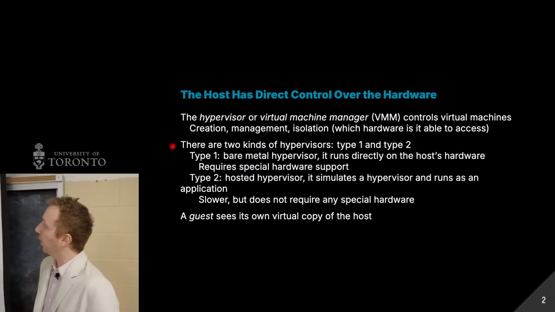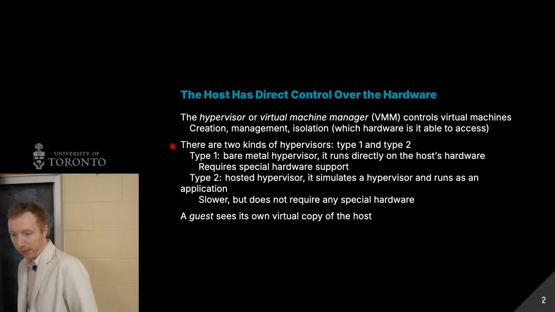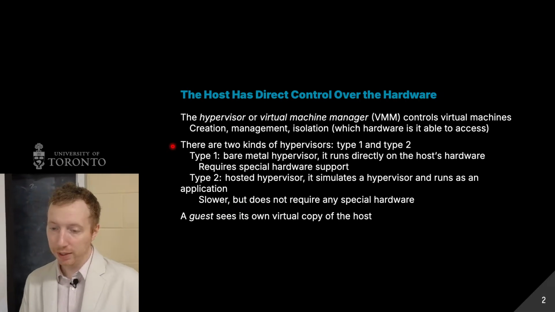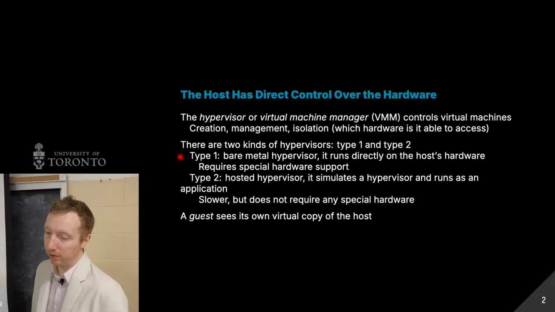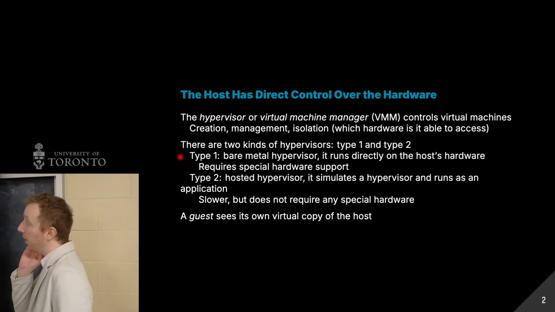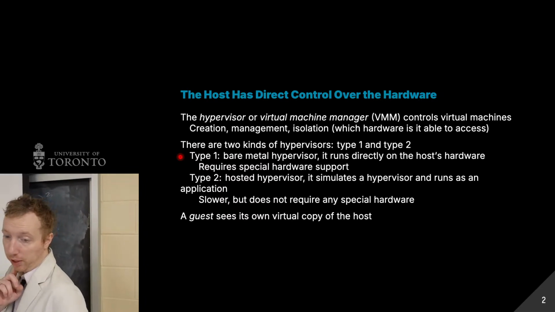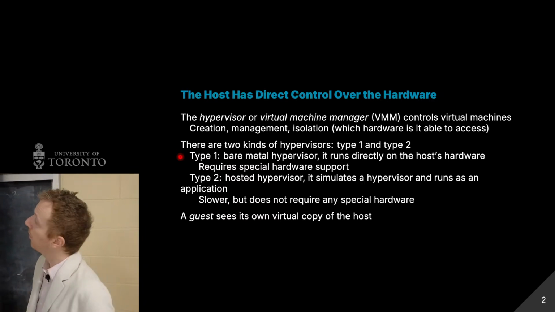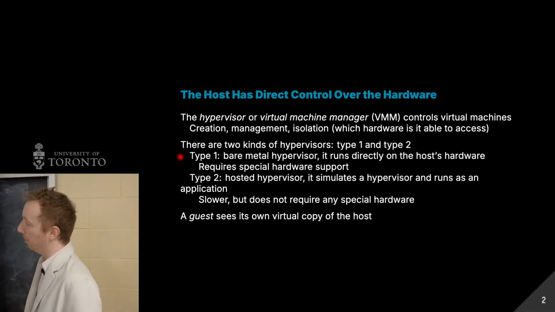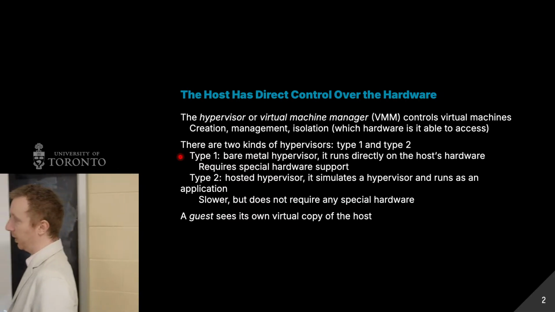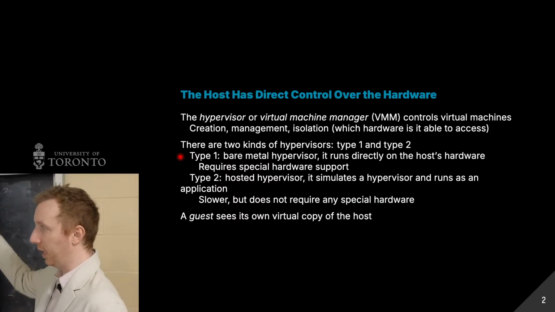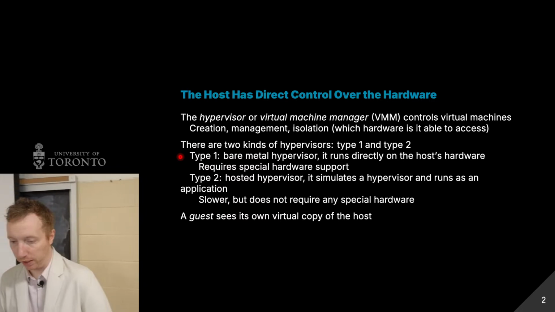So there are 2 types of hypervisors, a type 1 and a type 2. A type 1 is called a bare metal hypervisor, so it runs directly on the host hardware, and it requires special hardware support. So that is generally the faster one for reasons we will get into in a bit. And if you are running macOS or Windows or something like that, well, your operating system is actually acting as a hypervisor as well.